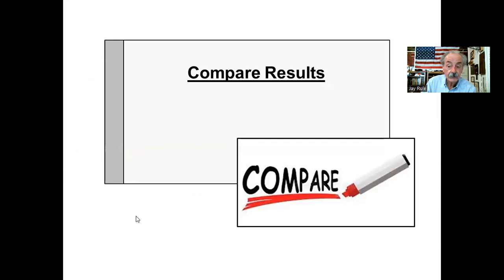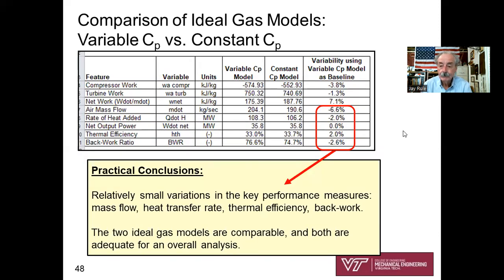Wow. So the two examples, 1, 2. Let's compare those results numerically. I'm not going to read the slide to you, of course, but recognize that for our key measures of performance for our gas turbine engine, in order to generate a net output power of 35.8 megawatts, that was 48,000 horsepower, we need around 200 kilograms per second.